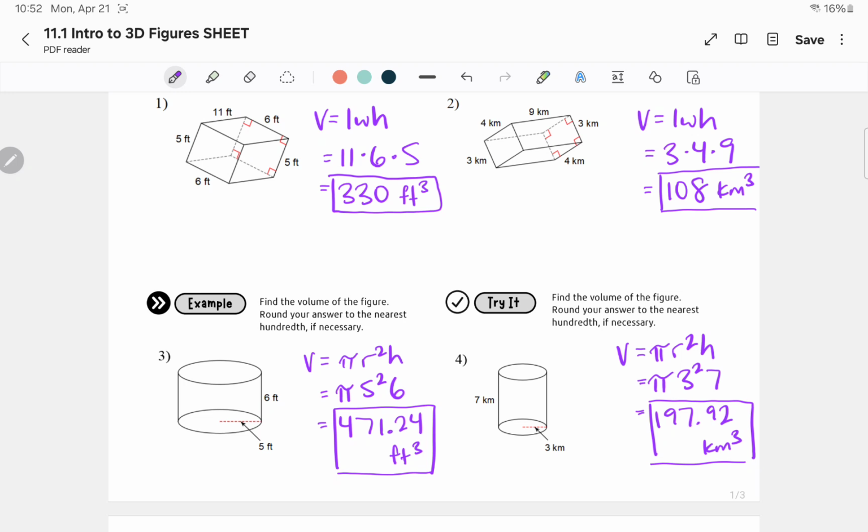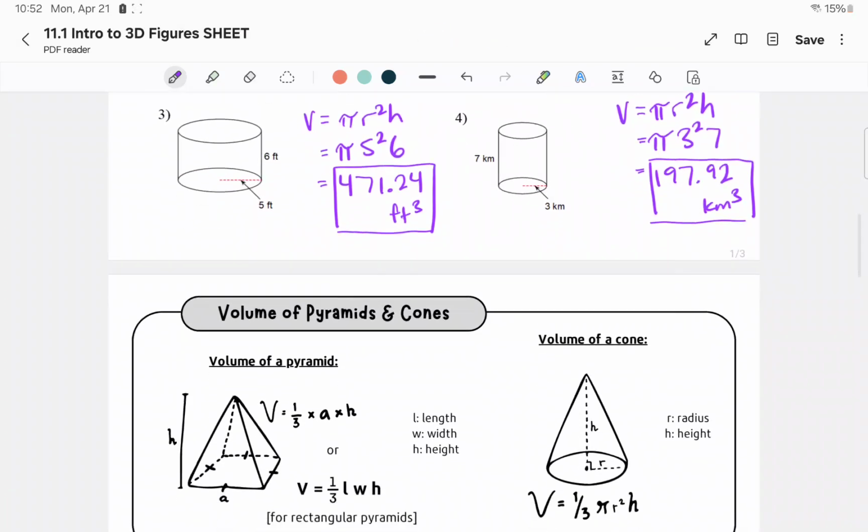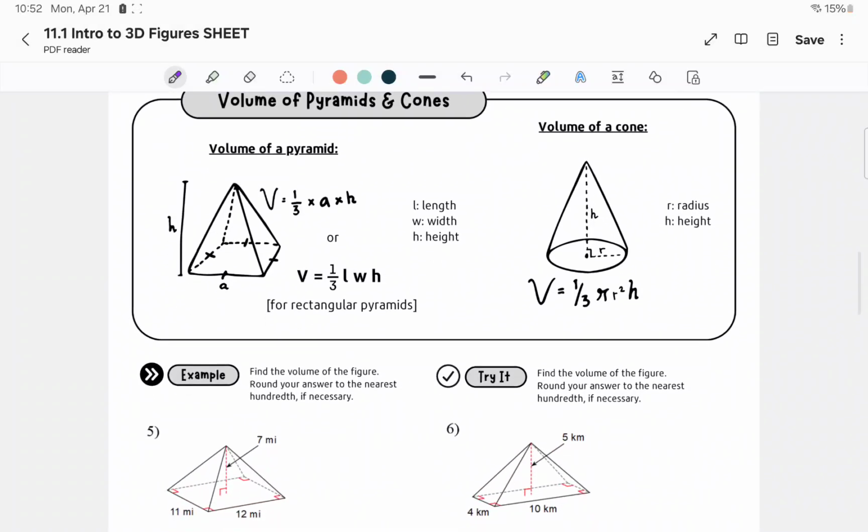All right, so again, we are just using our formula for prism and a cylinder, and those should be pretty simple. Hopefully my tablet does not die. So let's keep going to pyramid and cone. With pyramid and cone, similar to the prism and the cylinder, except it's going to be a third of a prism, basically.